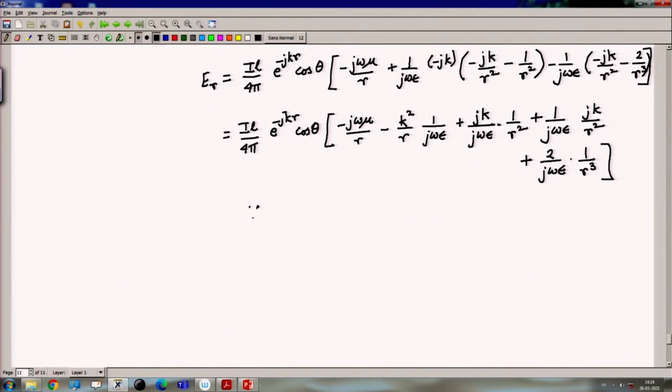Since now k square by j omega epsilon is omega square mu epsilon by j omega epsilon, that is equal to minus j omega mu.